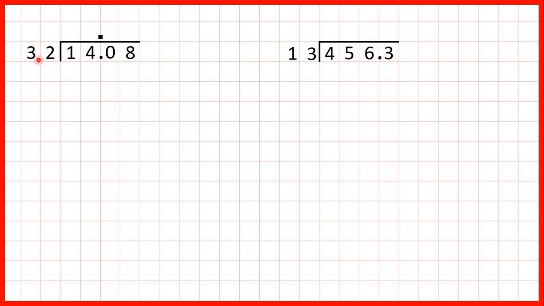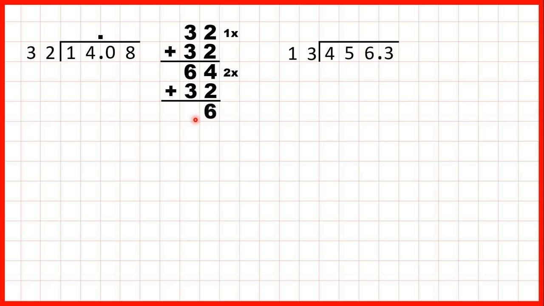Now, because we're dividing by 32, we need to work out our 32 times table. 32 is obviously 1 times 32, but if we add another 32, we get 64, so that must be 2 times 32. Adding another 32 gives us 96 for 3 times.